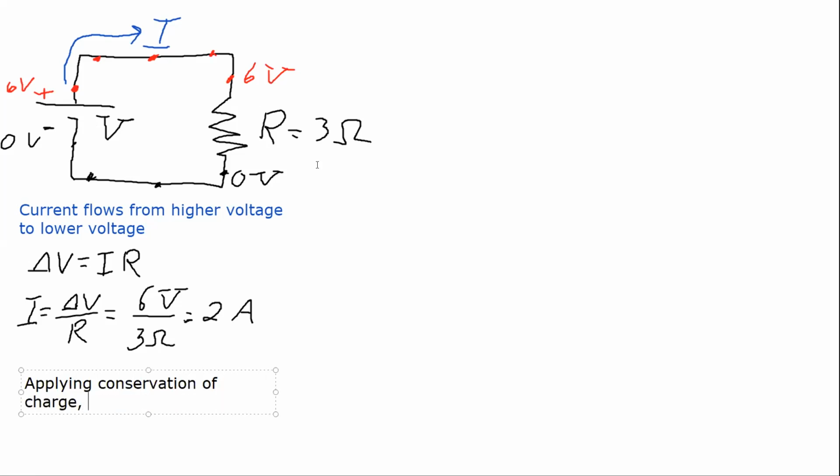What I mean by conservation of charge is that charge cannot be created or destroyed, even in this wire. The amount of charge that enters the wire should be the same amount of charge leaving the wire. So if I apply that reasoning, what has to be true is that the current for this particular circuit must remain the same throughout the whole circuit.